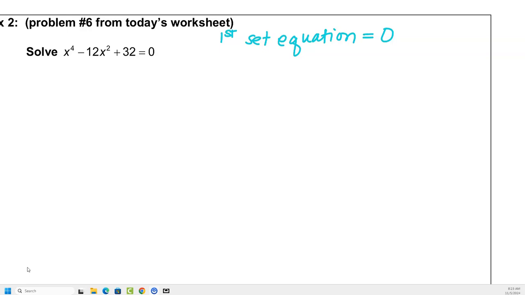To see if it's in quadratic form, we want to see, does it have 3 terms? 1, 2, 3. It has 3 terms, remember. So trinomial. So check. Okay. Does it have a constant? Remember?